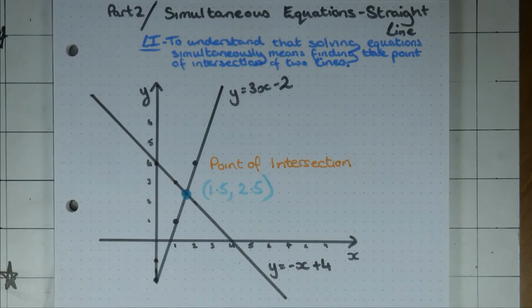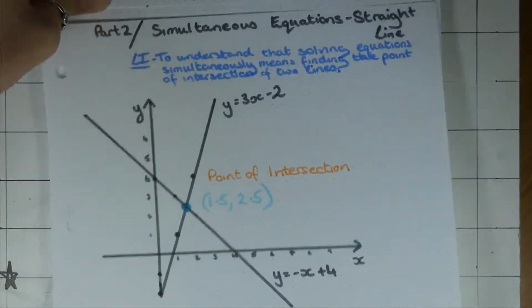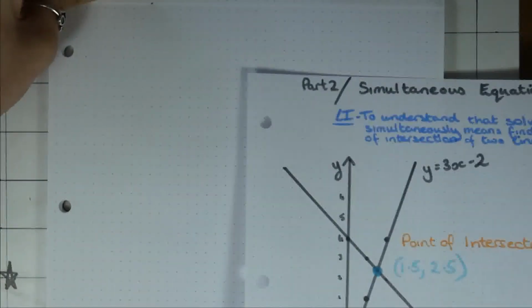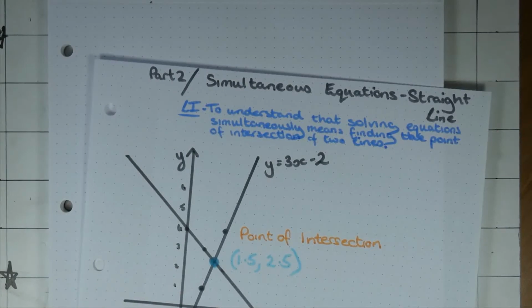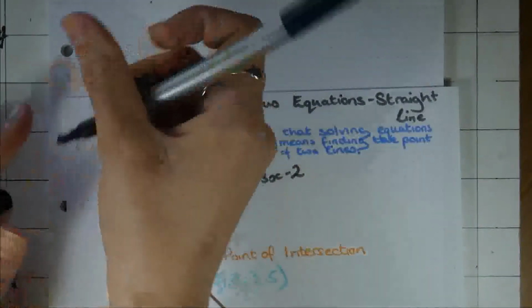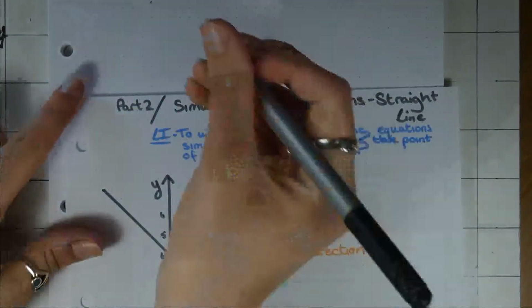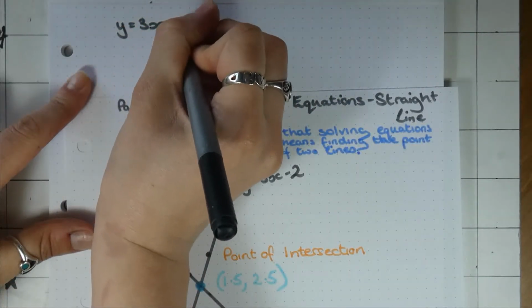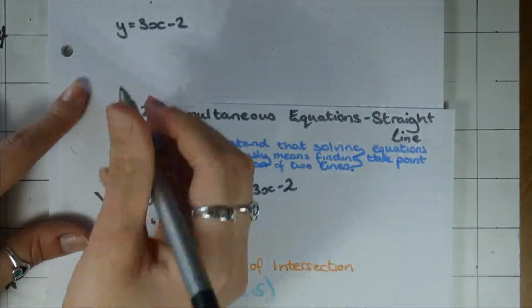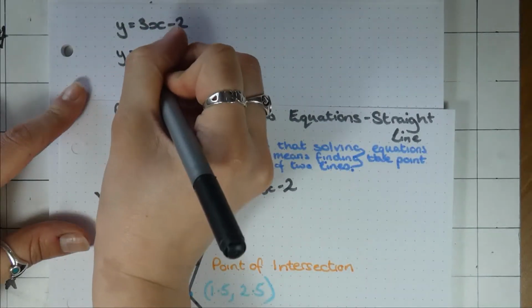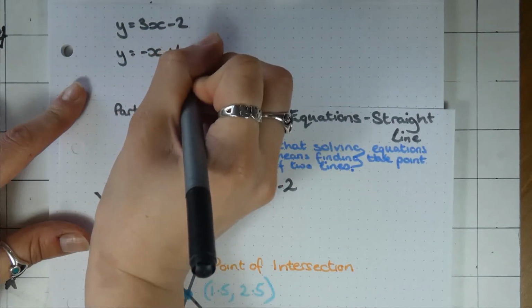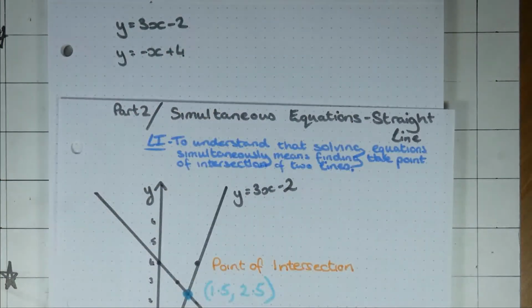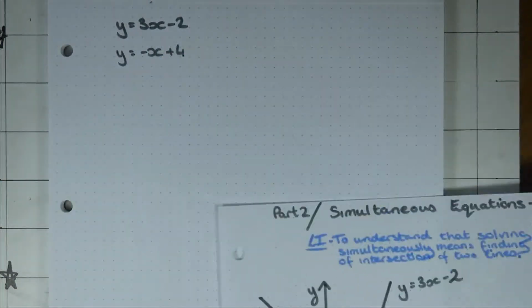And I'm going to show you how we do that using these two equations. So we had y equals 3x minus 2, and we had y equals minus x plus 4.